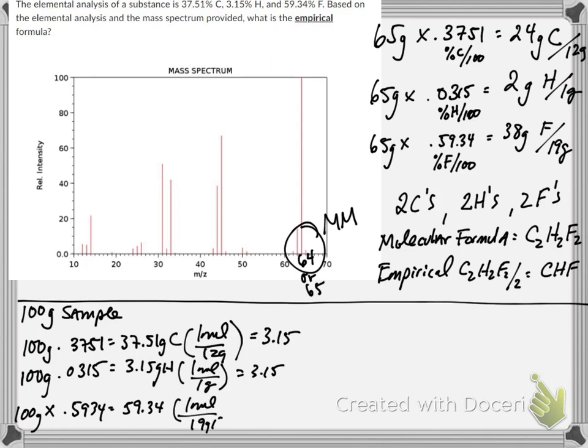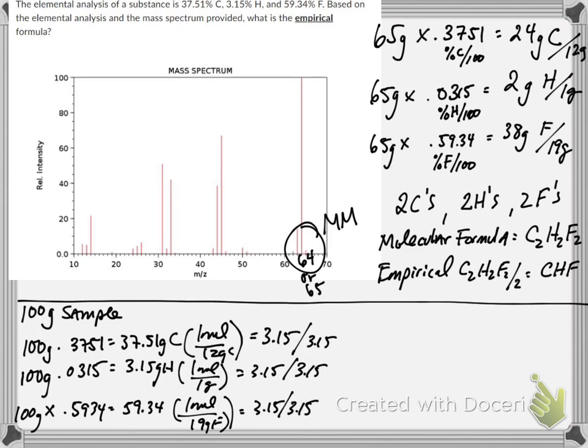So this is the principal use, because you can convert the percents directly into masses this way. You divide by the atomic mass and you say for every 100 grams, you have 3.15 moles of each of these elements. What we do now is divide by the lowest number.